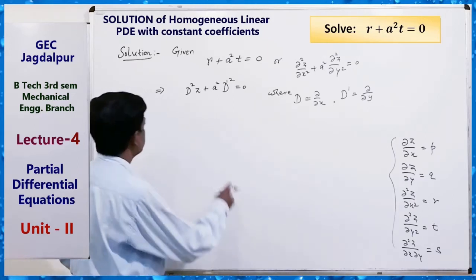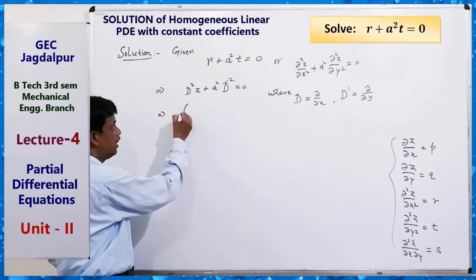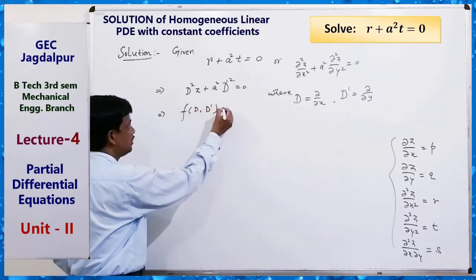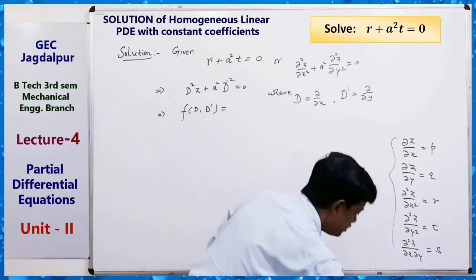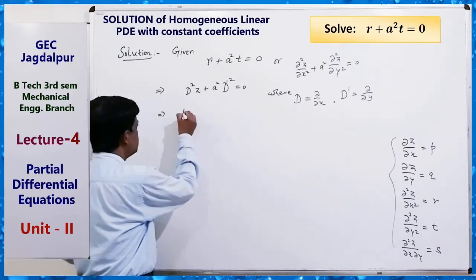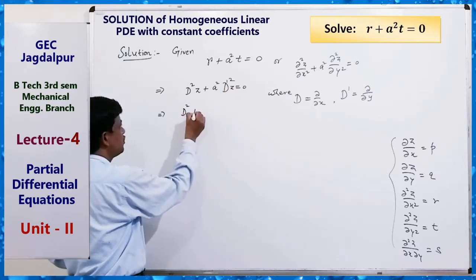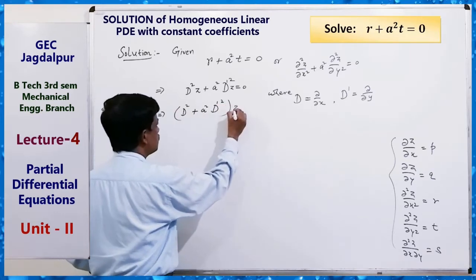So here f(D, D') equals, just make it in this form, D² + a²D'² z equals 0.